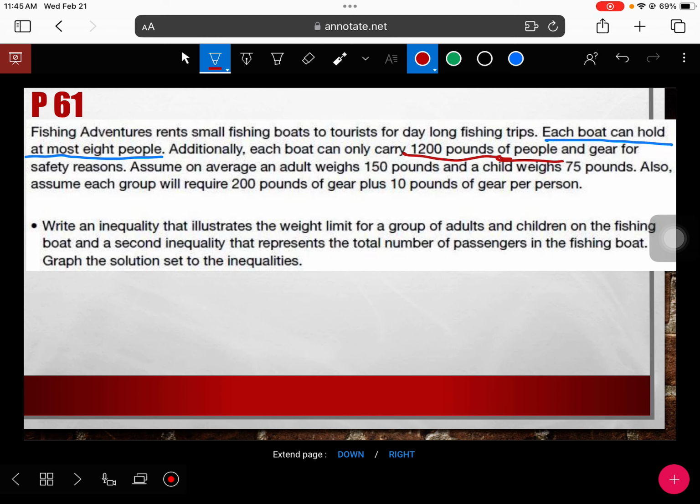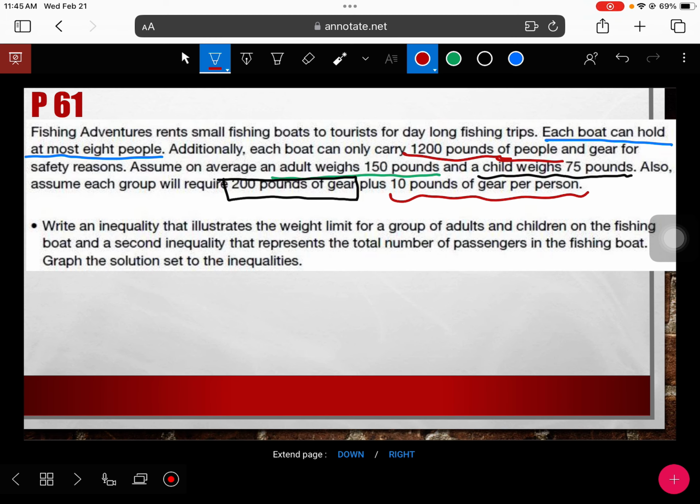Assume on average an adult weighs 150 pounds and a child weighs 75 pounds. Also assume each group will require 200 pounds of gear plus 10 pounds of gear per person.